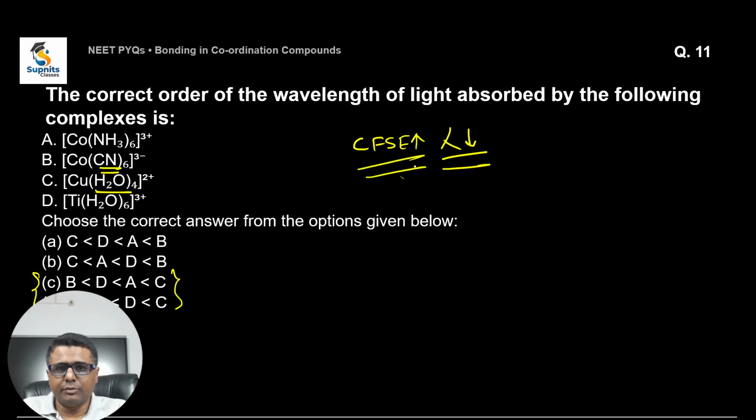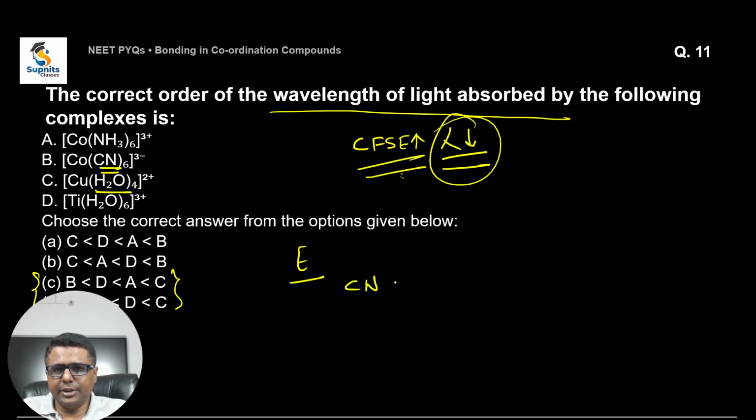Wait. Wavelength of light absorbed has been asked. So energy wise, let me first arrange. CN more than NH3 more than H2O6 more than H2O4.